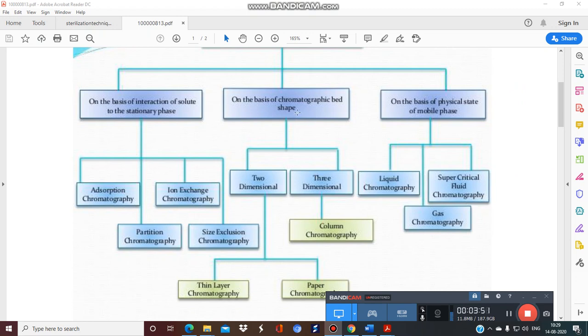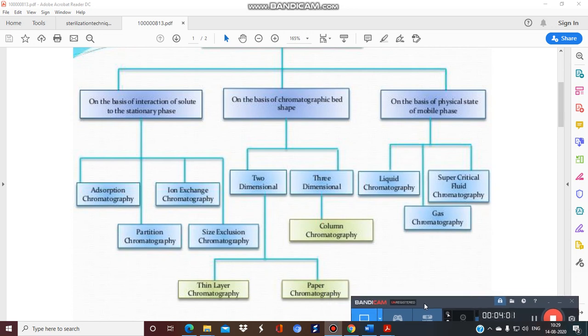The next classification is on the basis of the chromatographic bed, again very important and very simple also: 2D and 3D, two dimensional and three dimensional. The two dimensional include very important, commonly used laboratory techniques, that is thin layer and paper chromatography. And column chromatography is the three-dimensional approach.